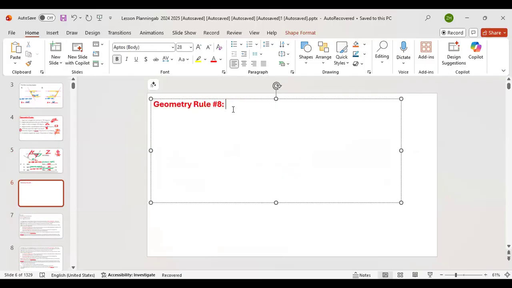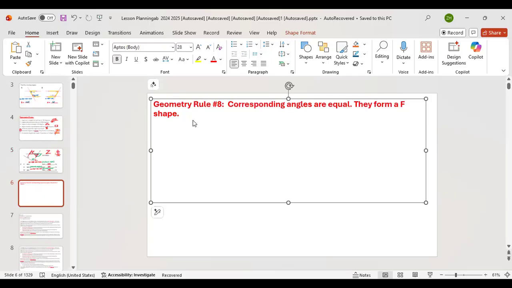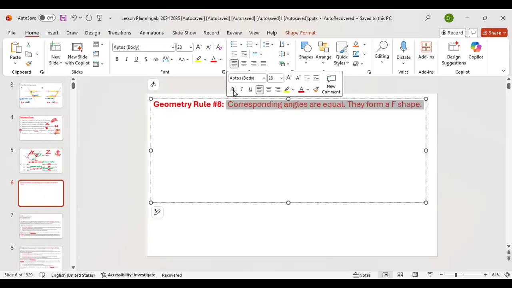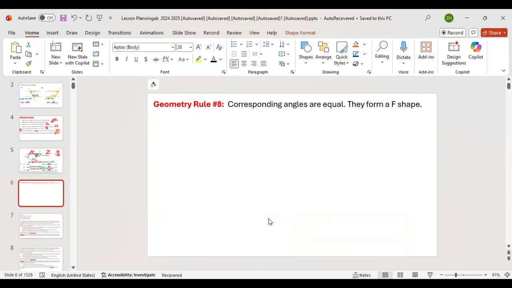All right, so it says that corresponding angles are equal. They form an F shape. That's backward F, forward F, whatever. Okay. That's rule number 8, our final rule.